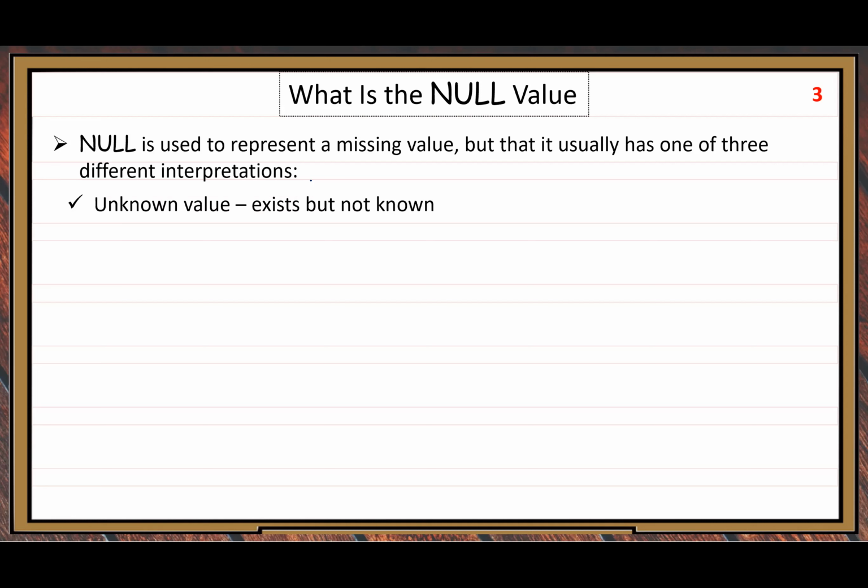The first one, unknown value: exists but not known. In our business, we need to collect data, right? We deal with our customers, so we need to collect data from customers. But many times, we may not get some specific information from our customer, right?